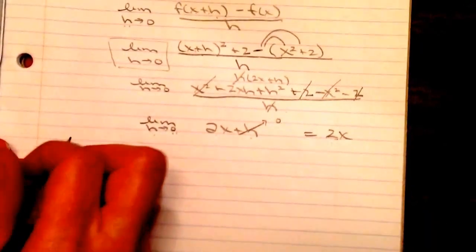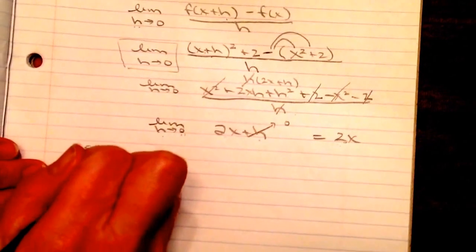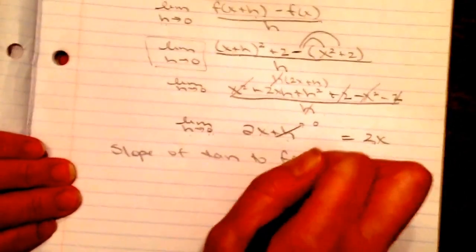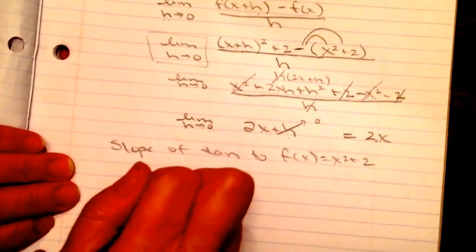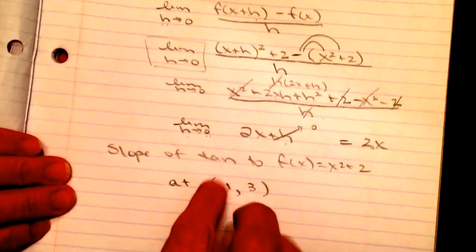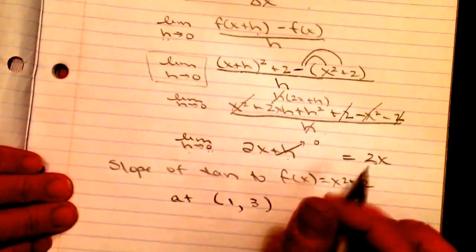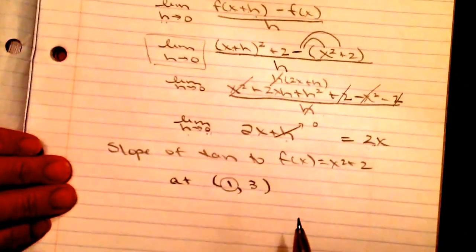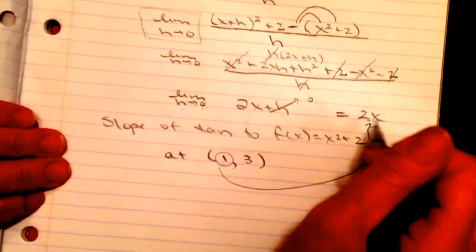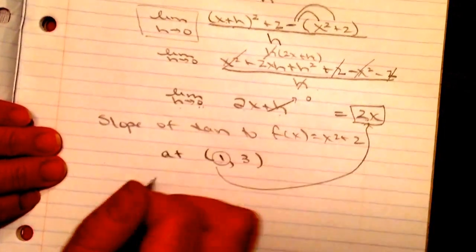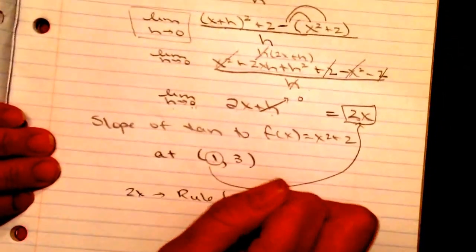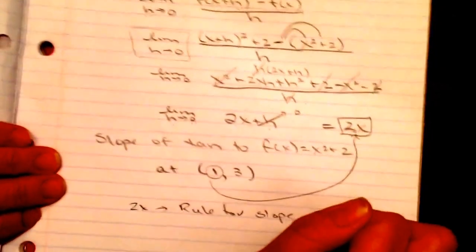So if I asked for the slope of the tangent to this curve at the point 1, 3, which is a point on the curve, what I would do is take the x value of the point that I'm talking about and plug it into my rule for slope. 2x is the rule for the slope of the tangent.